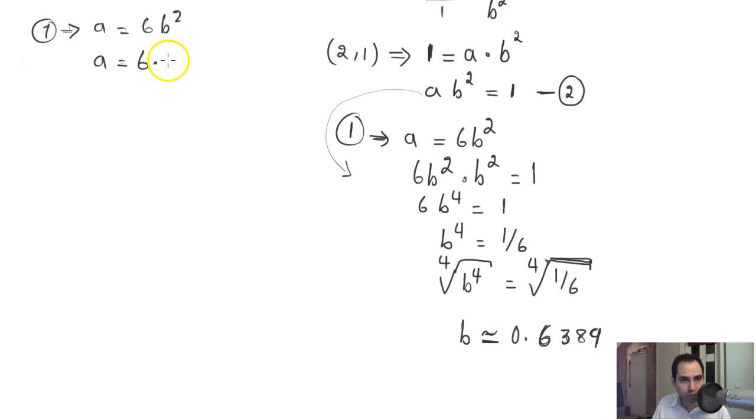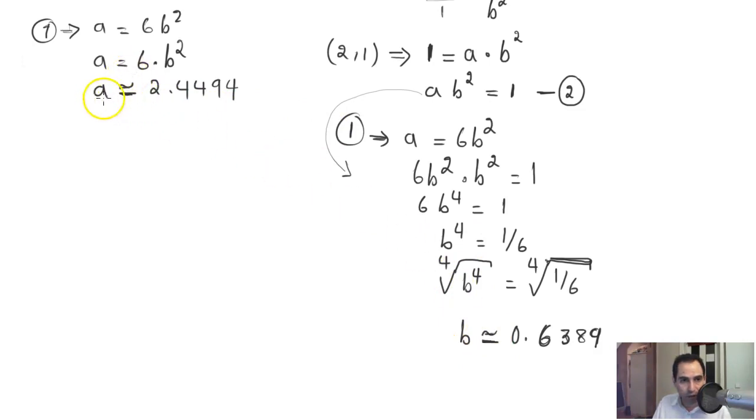So 6 times b squared, and let me have my calculator do it. And now my calculator gives me the number 2.4494 for a. So this is of course going to be an approximation, not the actual value.